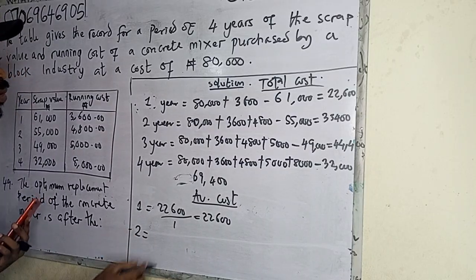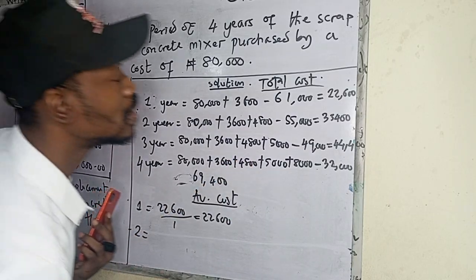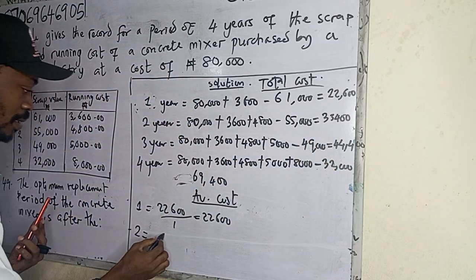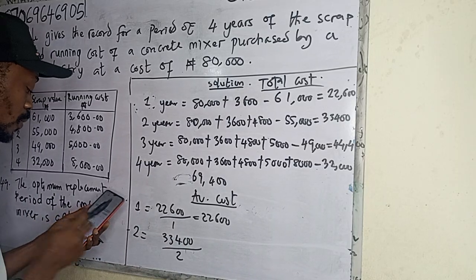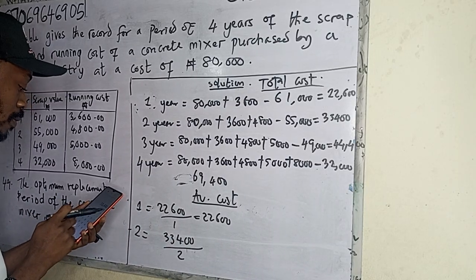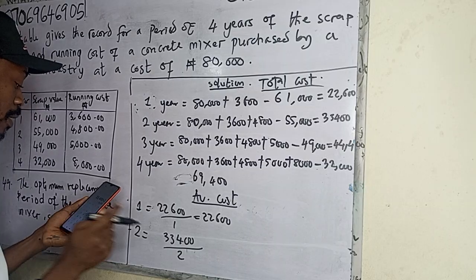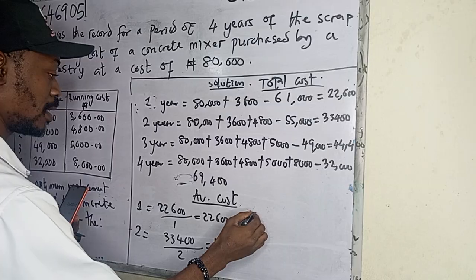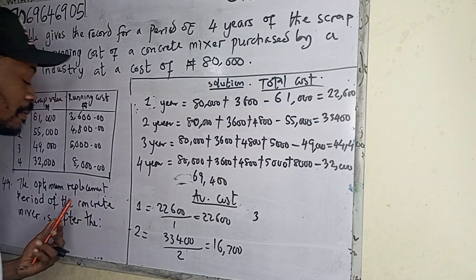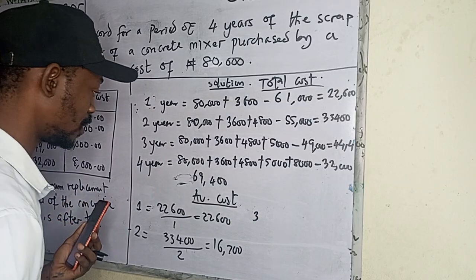Then for year two, the total cost is 33,400, and divided by 2, that gives 16,700. That's the average annual cost for the second year.